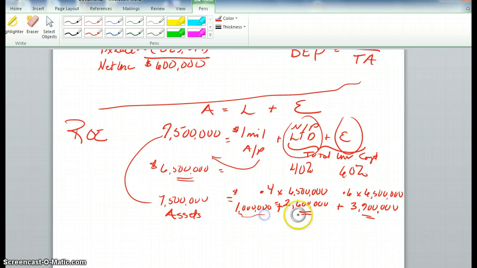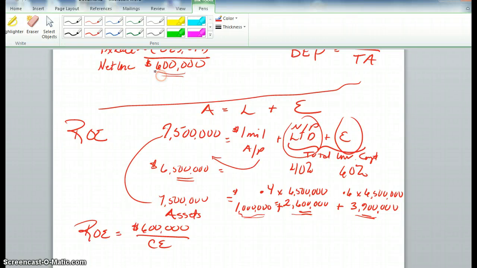And so now we have our whole balance sheet figured out, and now we know what our total common equity is. And now we can calculate ROE, because ROE equals net income over common equity. And so you can calculate that then. Net income we've been given is up here, and common equity is 3.9 million. So now you can calculate your ROE.